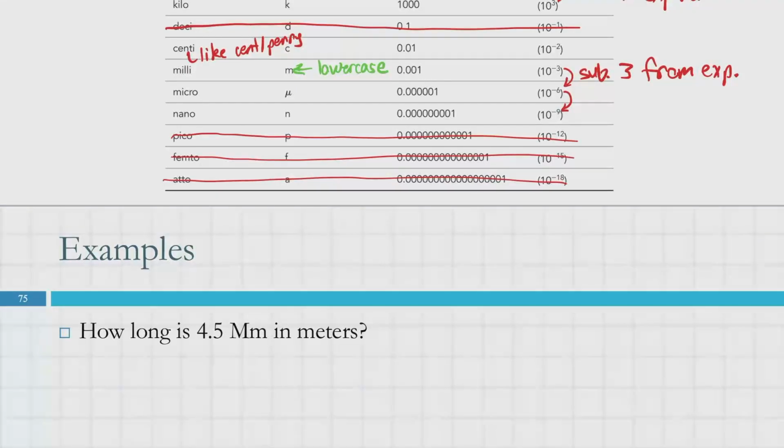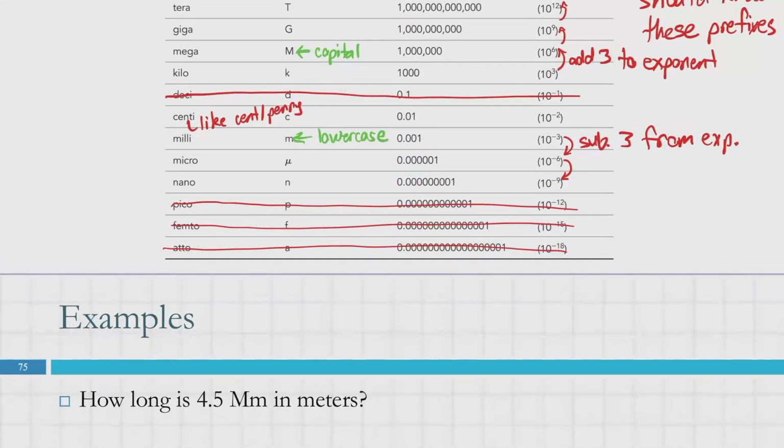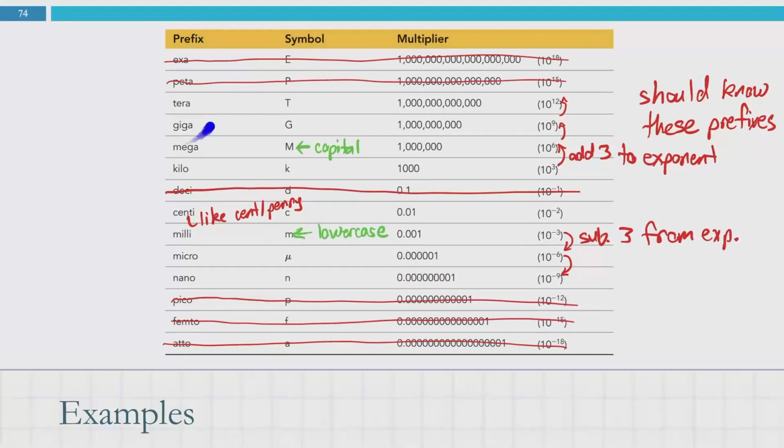All right, let's do some practice with conversions. I think we will talk about this a little bit later. But generally, the way that we can use these prefixes, the prefix, the symbol, stands for or is equal to whatever the number is.